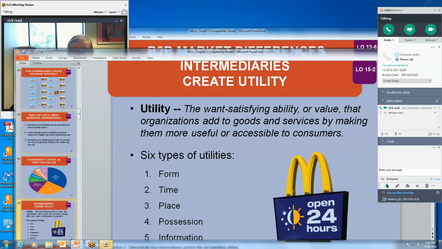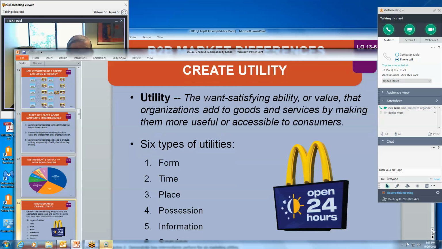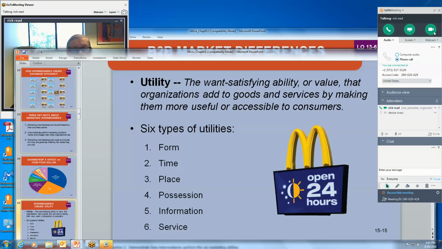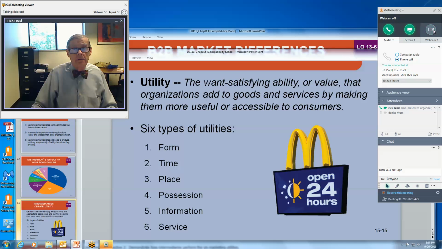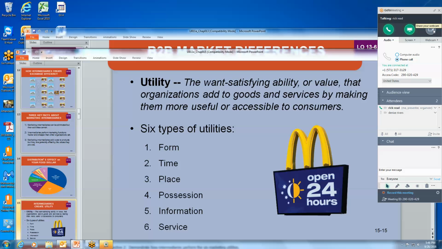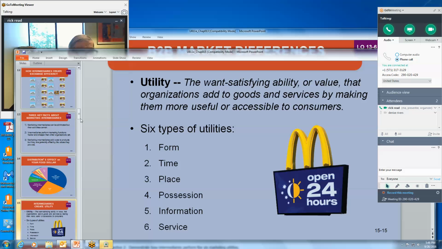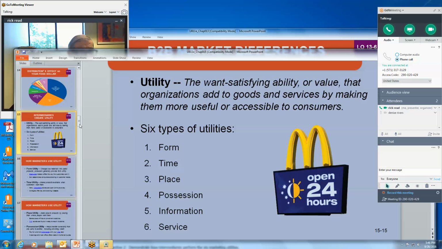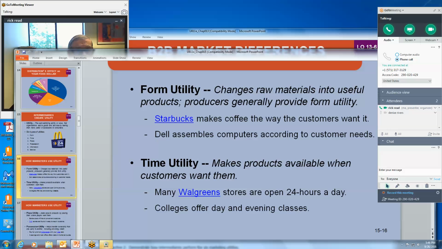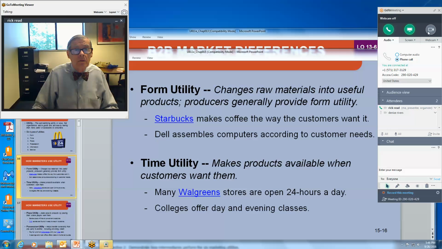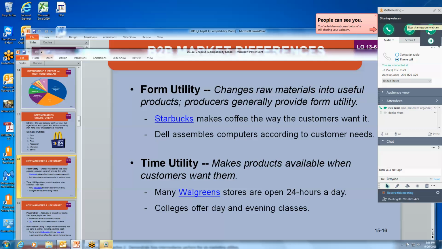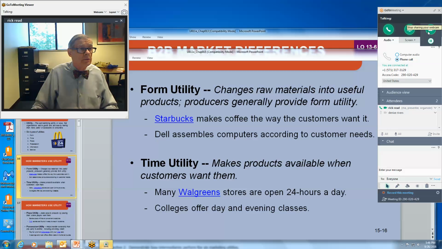Now, the market intermediary performs 6 types of utilities. They're listed here: form, time, place, possession, information, and service. Form: changing raw material into product you want to use.